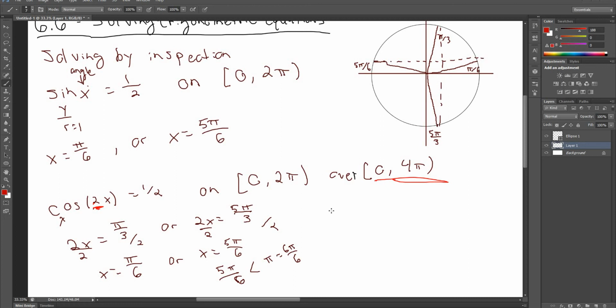So to find a coterminal angle, we just add 2 pi. So 2x is equal to pi over 3 plus 2 pi, or 2x is equal to 5 pi over 3 plus 2 pi. Okay. 2 pi is 6 pi over 3. So 2x is equal to 7 pi over 3.